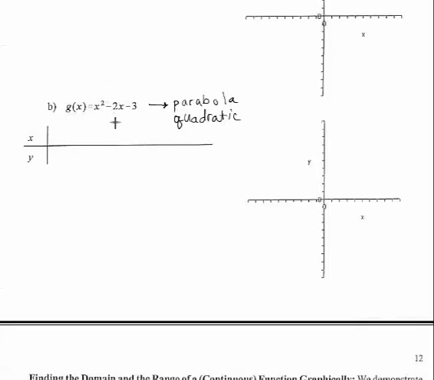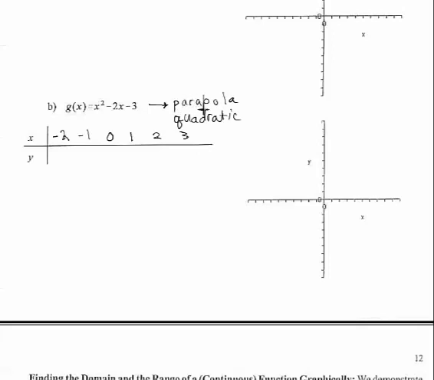Okay, so as in the last example, we pick some negative numbers for x. Always love to throw in 0. It's usually a pretty easy one, easy output to calculate. And I will pick some positive values.